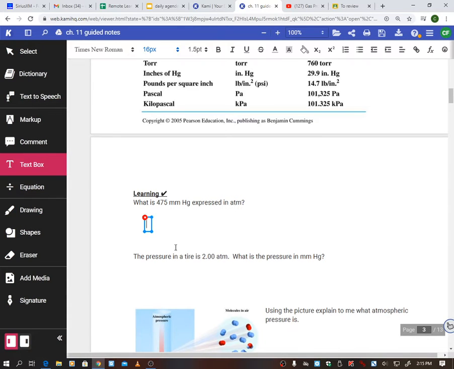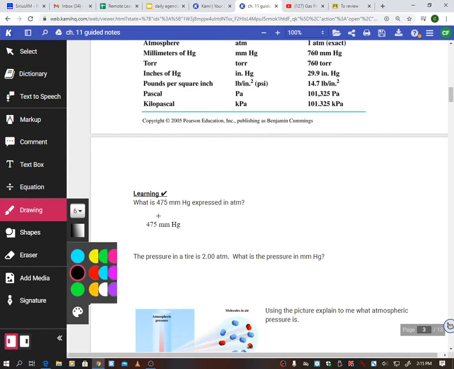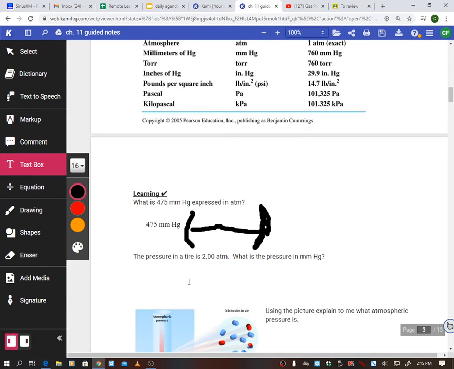Well, I'm going to say, okay, so I've got 475 millimeters of mercury. And then I'm going to draw my parentheses. I know it's kind of hard to see there.